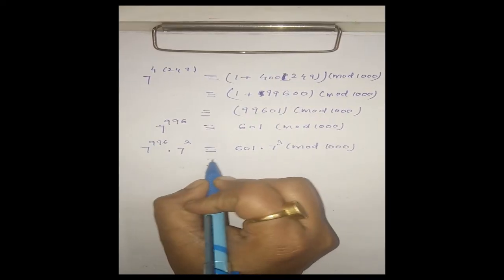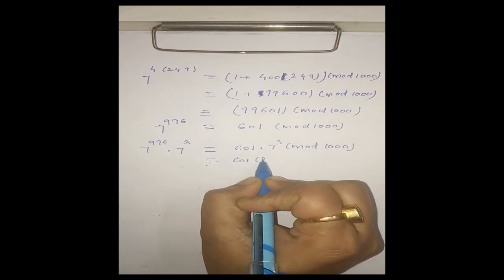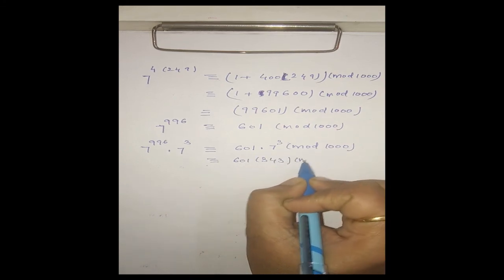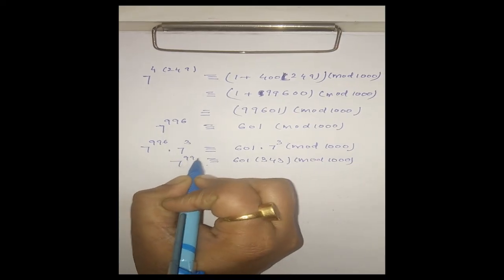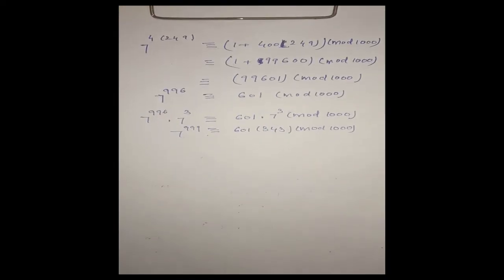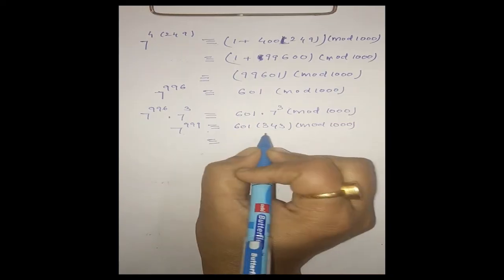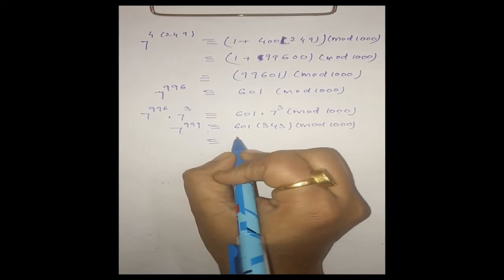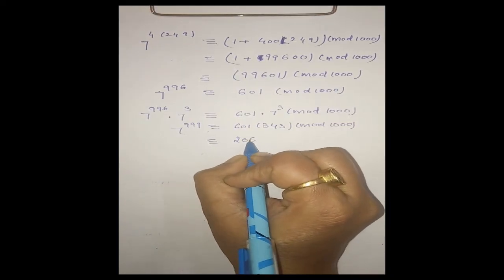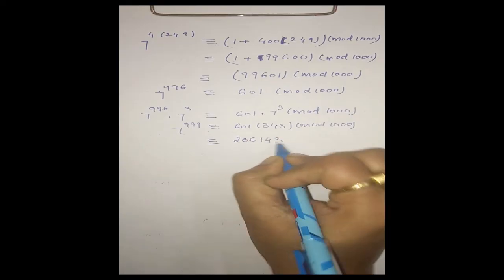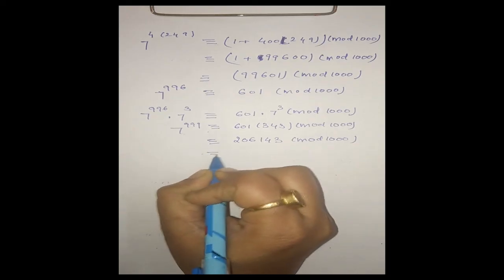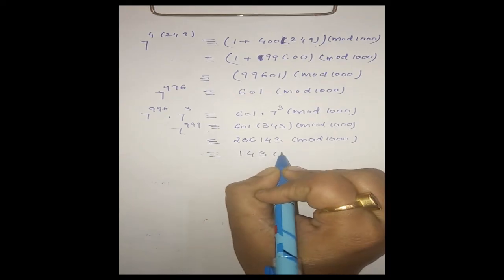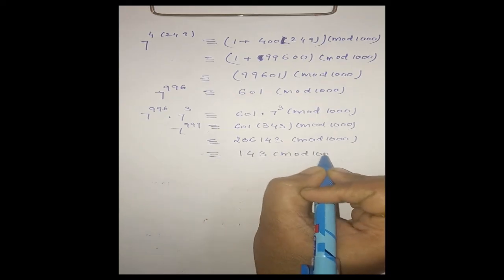Now 7 cube is 343, and on the left we have 7 power 999. Clear? Now multiplying 601 into 343, we get 206143 modulo 1000. Now dividing by 1000, we get remainder 143 modulo 1000.